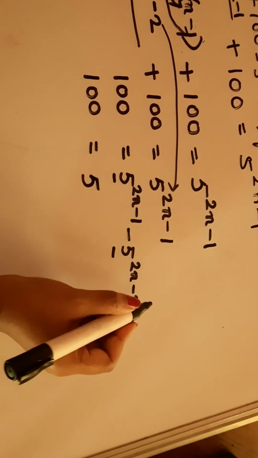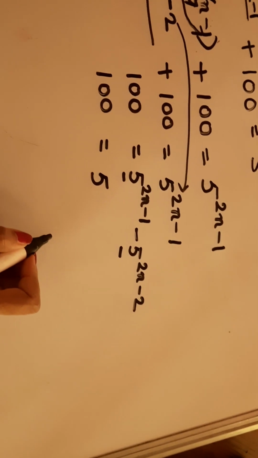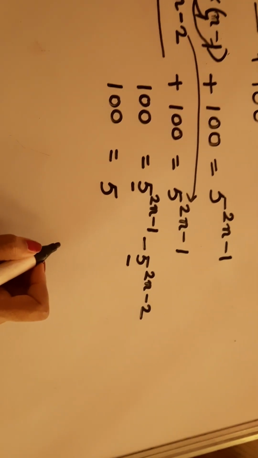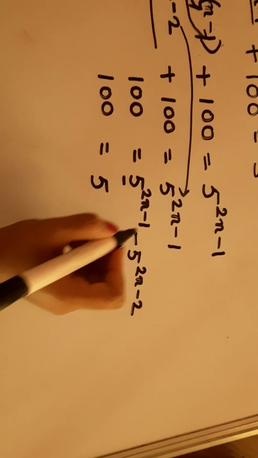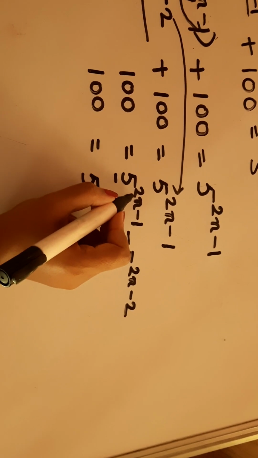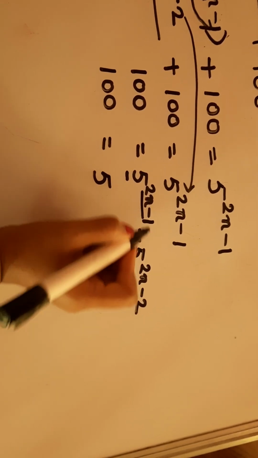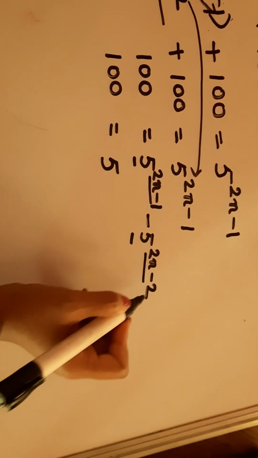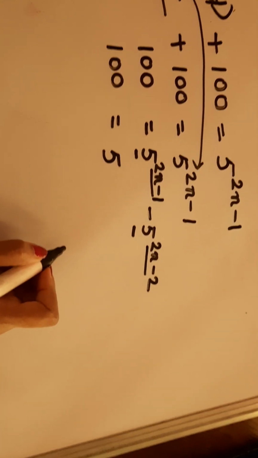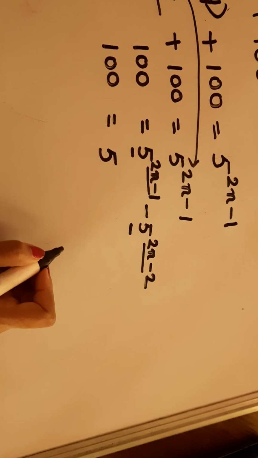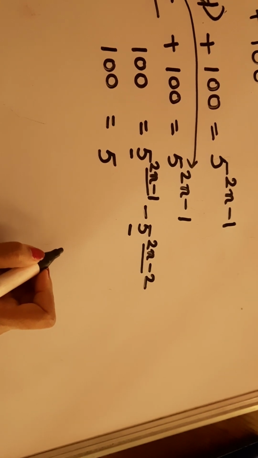Now we will find out the power which will come out as the common term. So how can we find that? See, for the power, the first power we are having is 2n minus 1, and the second power we are having is 2n minus 2. So whichever is the lowest power, that one we have to take out as common.